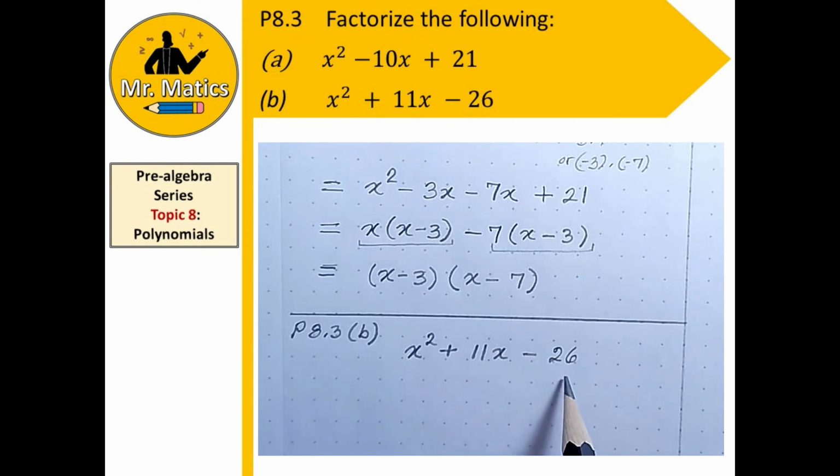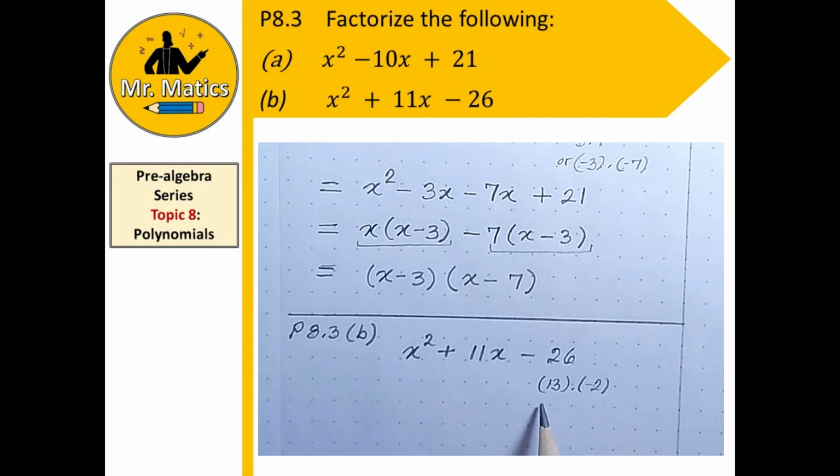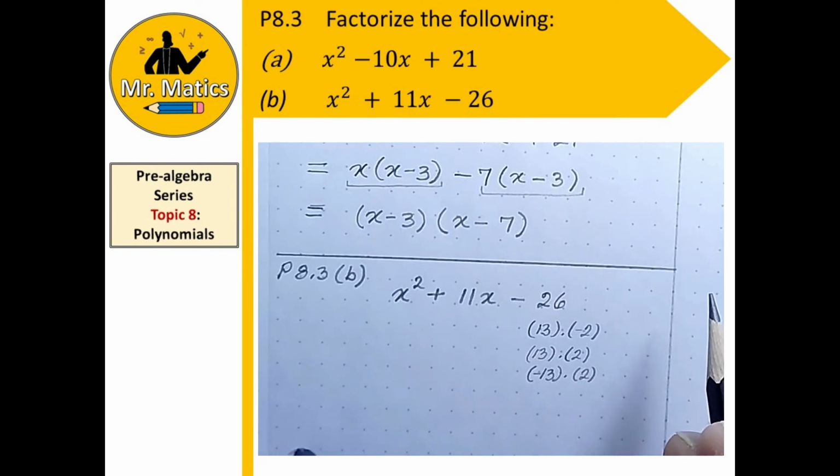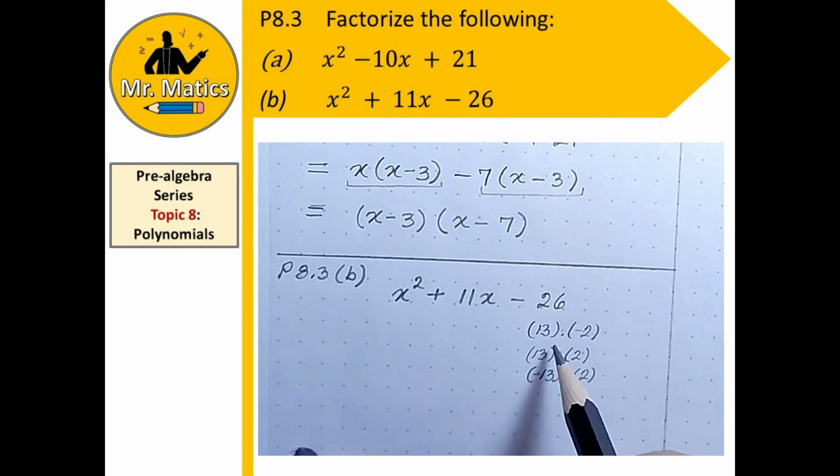So this 26 can be broken into 13 times minus 2, or you can break it into 13 times 2, or you can break it into minus 13 times 2. Now let's see what are the possible uses of this.